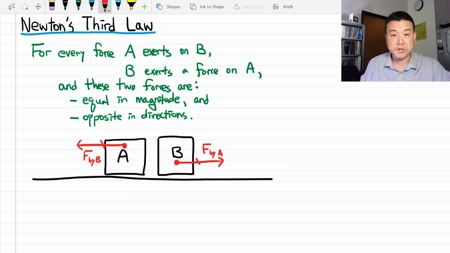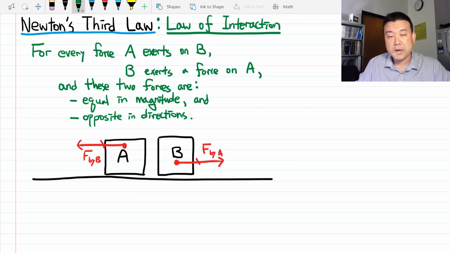and opposite in direction. So the very first thing to note about Newton's third law is it involves two bodies interacting. So I like to call Newton's third law the law of interaction. It serves as a first check on if you have understood the third law correctly. If you are not involving some interaction between two different bodies, then you are not understanding Newton's third law correctly.